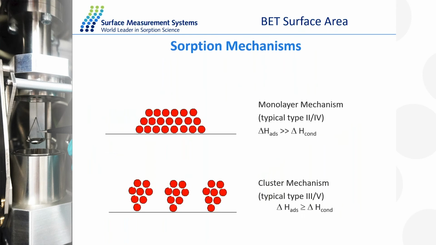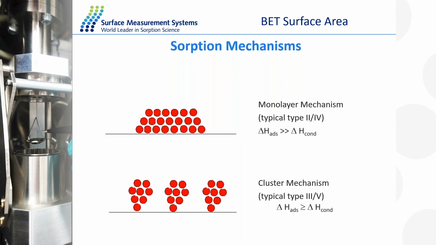So what defines the shape of the isotherm? Why would one isotherm be linear and some other isotherm be non-linear? The type of isotherm that we obtain depends only on the interaction between the solvent that we use and the sample that we pick. It's not dependent on the solvent itself, it's not dependent on the sample itself, it's dependent on the interaction.